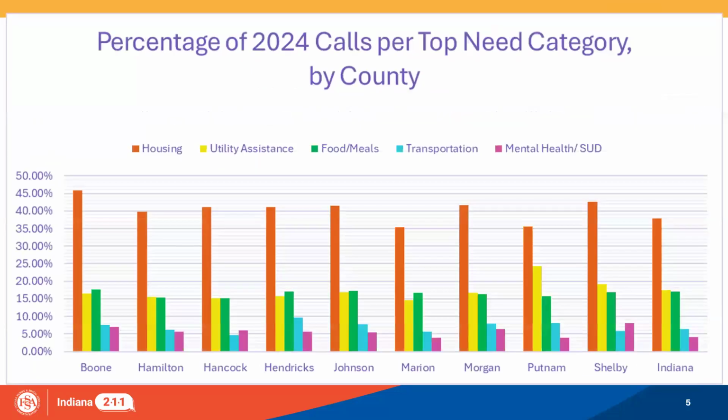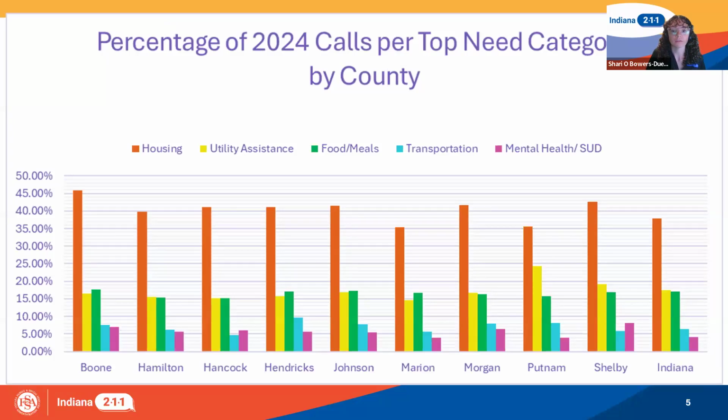So for food and meals, here is the percentage of needs that were met for each county. So we're looking at the green bars here for food and meals. If whoever was interested in that data wants to take a picture or screenshot of that.